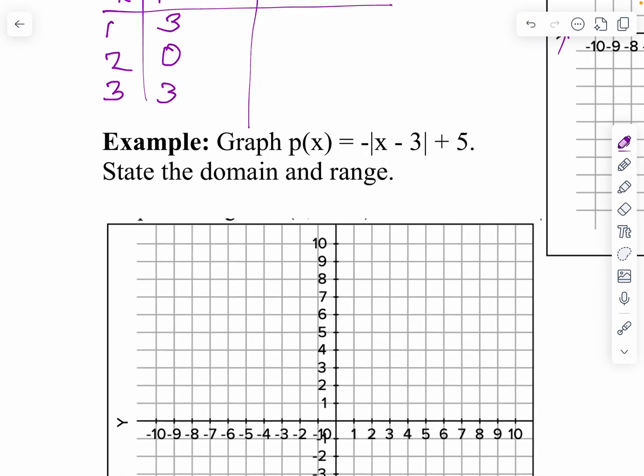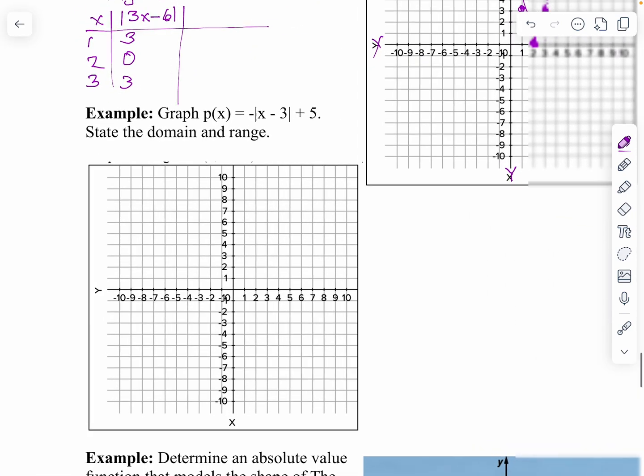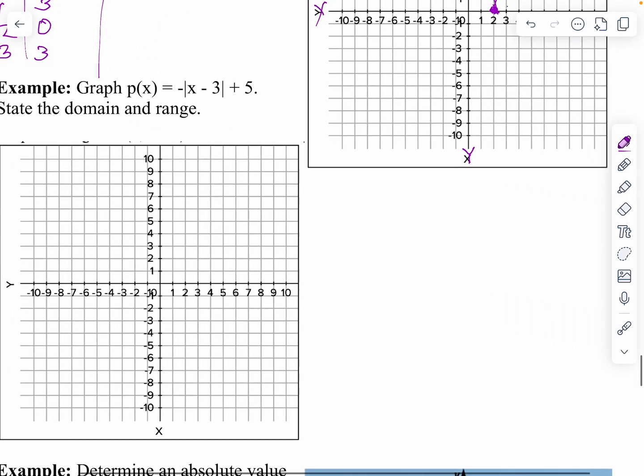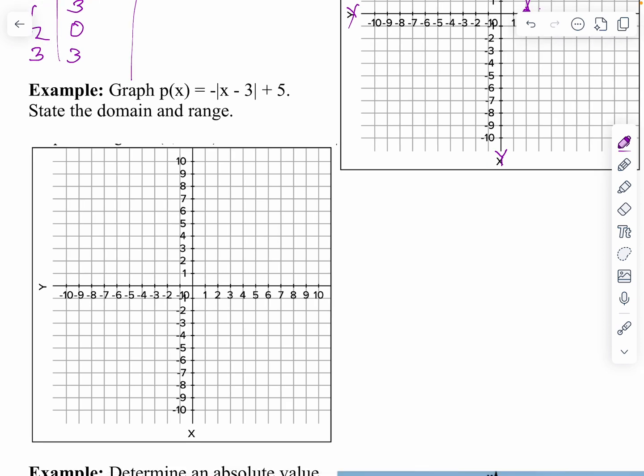Now on the next one, notice I don't have a number inside, so I can just do my normal, everyday, what changes from my parent function. So first thing, my negative means we're going to flip over the x-axis, which means it's going to be an upside down v.